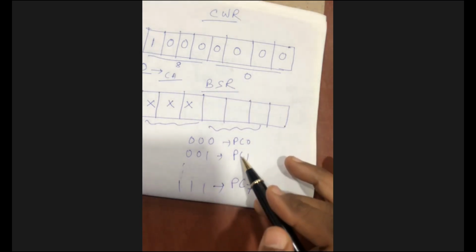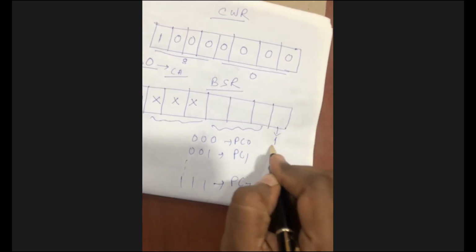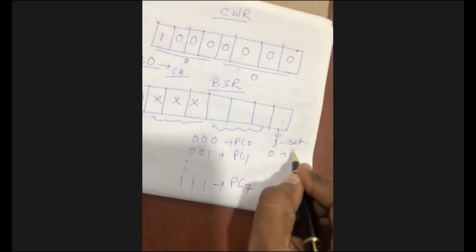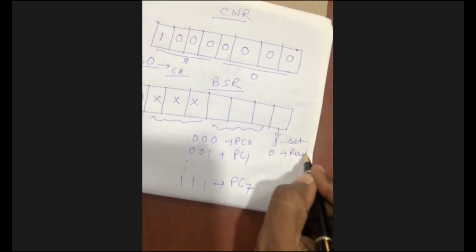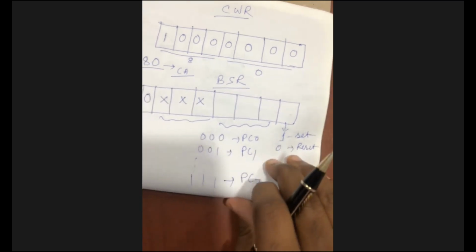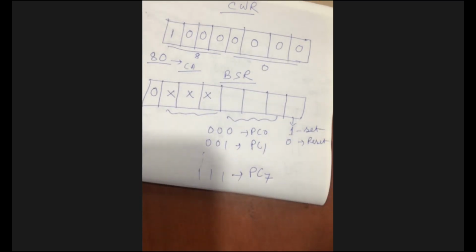And the last bit, if it's 1, then it's set. If 0, then it's reset. Note it down. Done? Next question is coming.